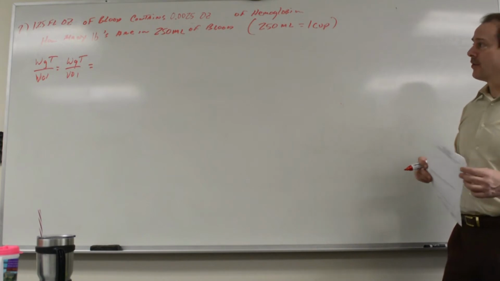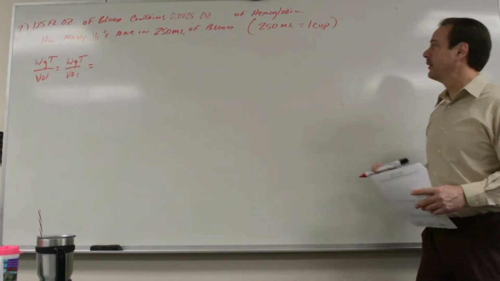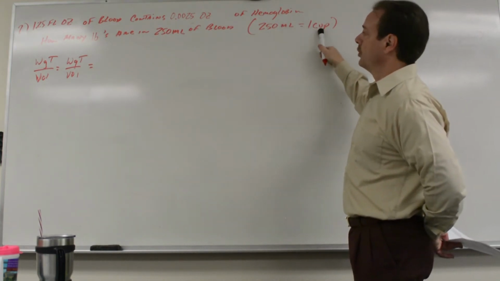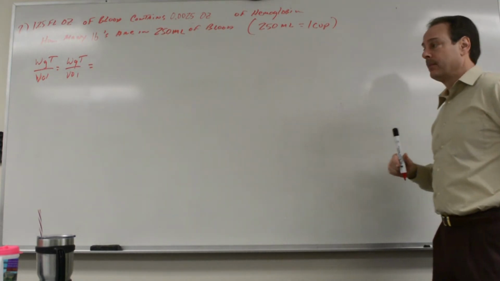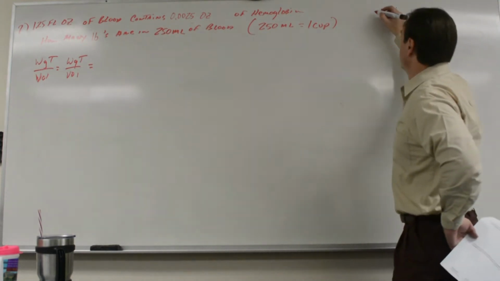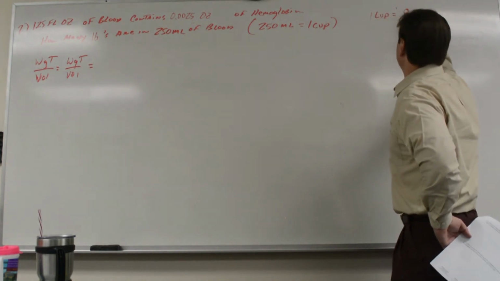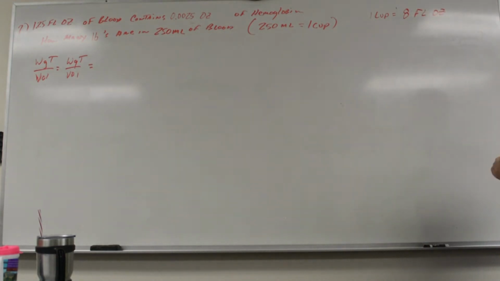I think we're going to have a double conversion on this one, right? Because this converts from a metric unit to an English unit, but I think what we're going to need is fluid ounces. So the next conversion we need is 1 cup equals 8 fluid ounces. We're also going to need that.